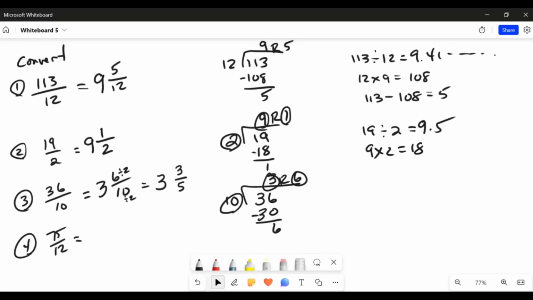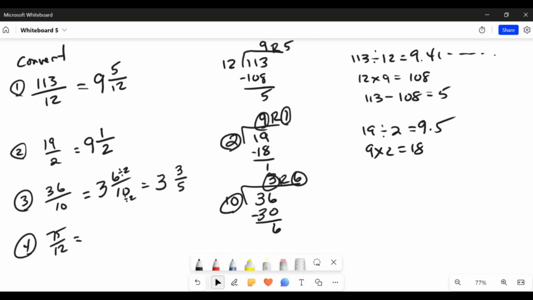75 over 12. I will give you a hint. This one you've got to reduce. You have to do some reducing at the end. And here's how you can write your answer. Let's say the answer was 1 1/2.